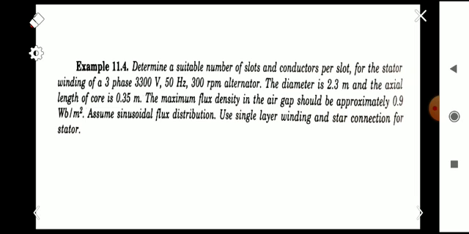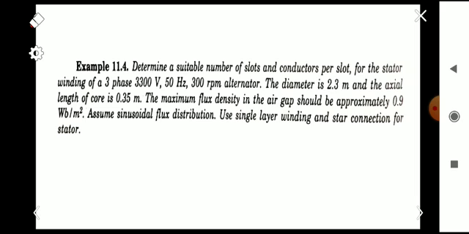Assume sinusoidal flux distribution and use single layer winding and star connection for the stator. Based on these given values, we have to determine the number of slots and conductors per slot. The main dimensions, capital D and the length of the core capital L, are already given.